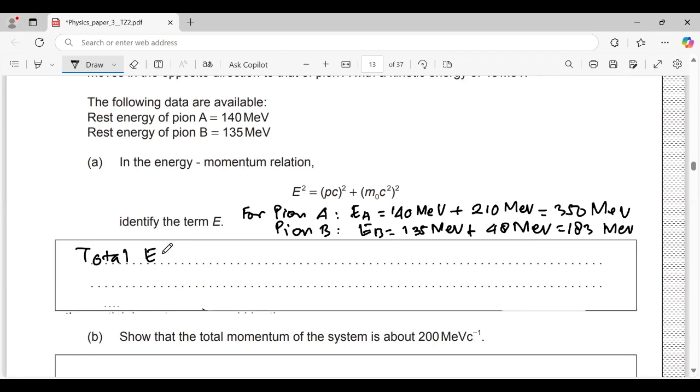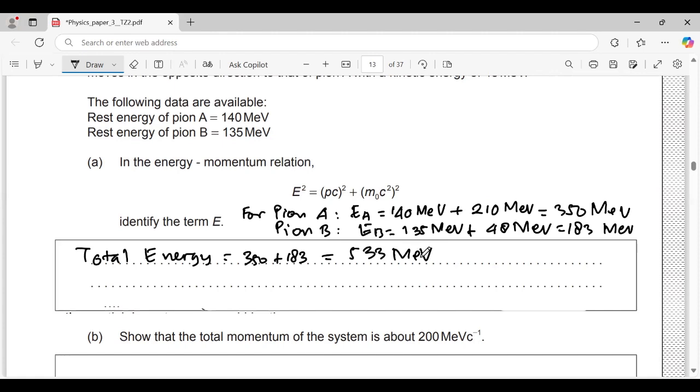So the total energy is equal to 350 plus 183. It equals 533 mega electron volt.